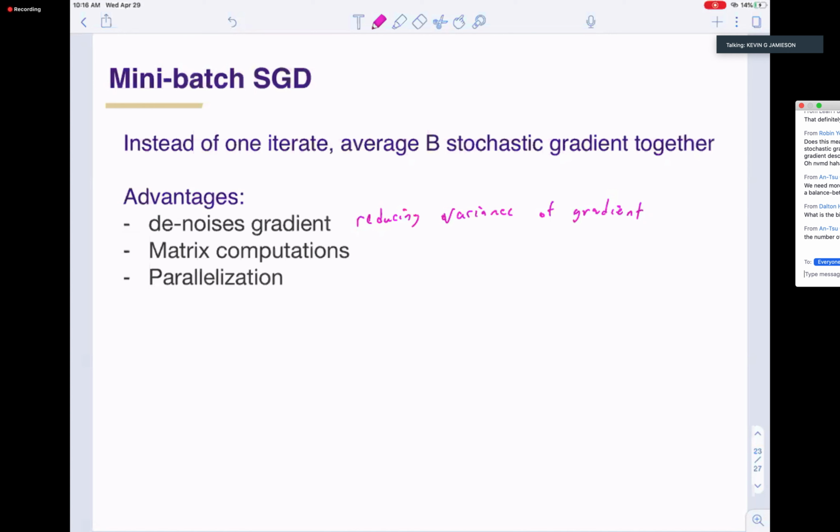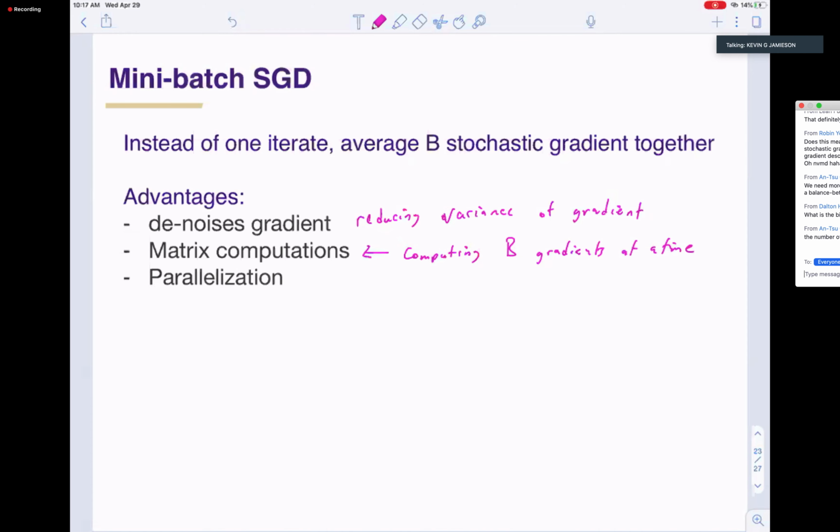Why would we not just want to use the smallest batch? Why would we not want to use batch size 1? For many reasons. There are computational trade-offs here, because if you're computing B gradients at a time and performing those updates, that relates back to our first slide.